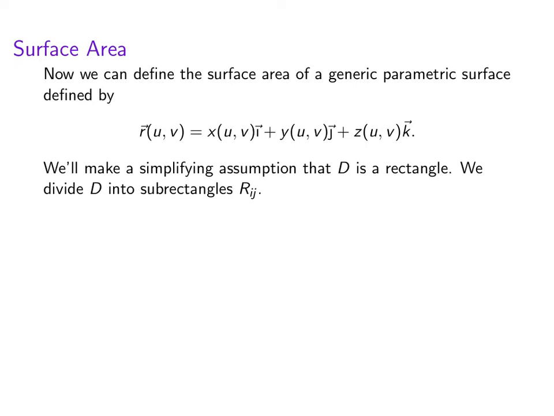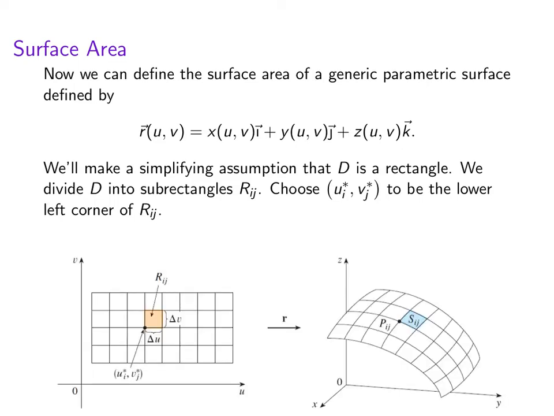So what we do is we divide our region D into subrectangles, and then we can choose a sample point on the lower left corner of each subrectangle. Here's a picture. So what you see on the left over here is our rectangle that's being divided up, and then over here is the actual surface. So when we divide the surface up, these are not exactly rectangles. We'll see that in the next picture.